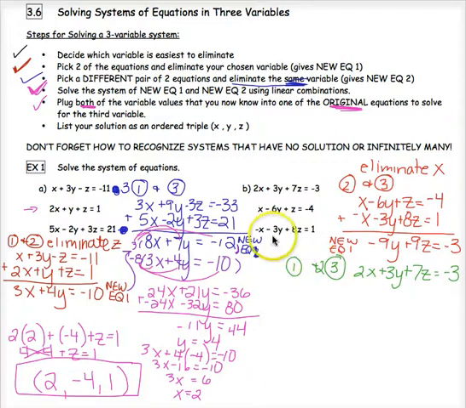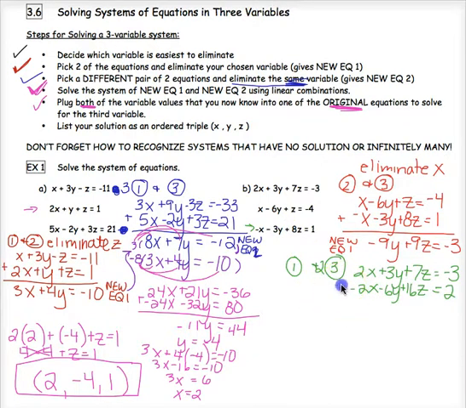And when I multiply this third equation by 2 everywhere, negative 2x minus 6y plus 16z equals 2. Again, this equation came from multiplying 2 times this equation. 2 times the negative x, 2 times the negative 3, 2 times the 8z, 2 times the 1.